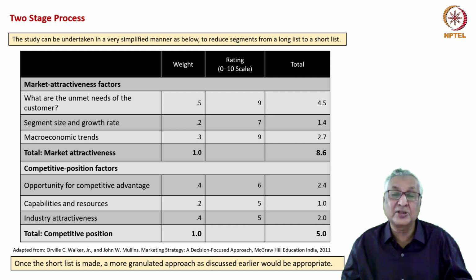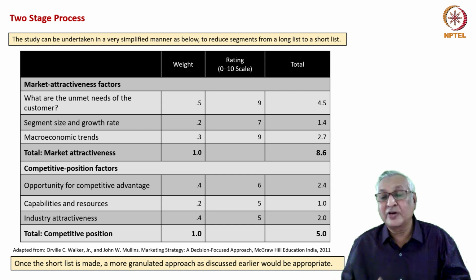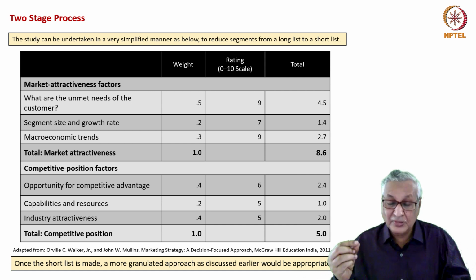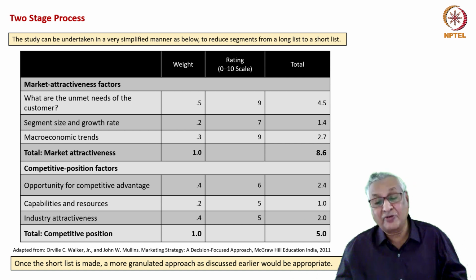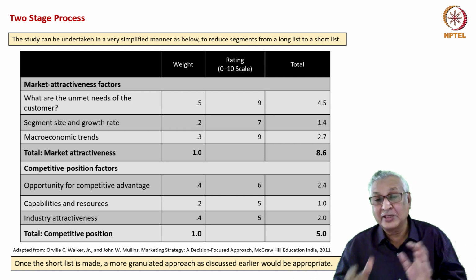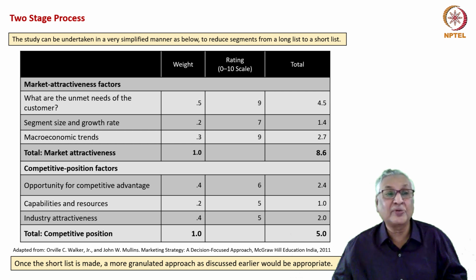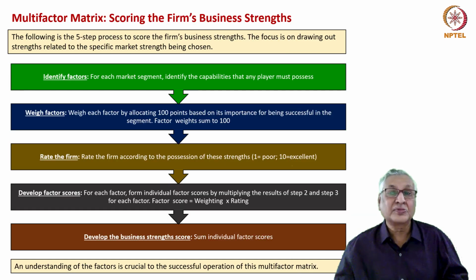Again, brains have to be together to discuss and arrive at the right kind of factors, the right kind of weights, and the right kind of rating to arrive at more reasonable and more optimal total weight scores. Once the shortlist is made, we need to do a further granulated approach as we have done earlier to make this happen in a more realistic way.